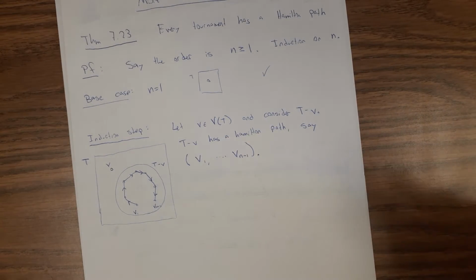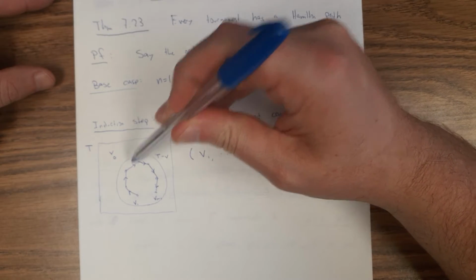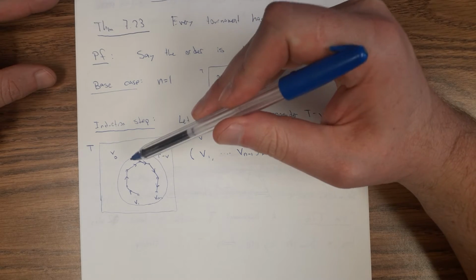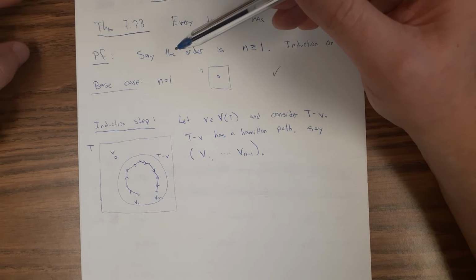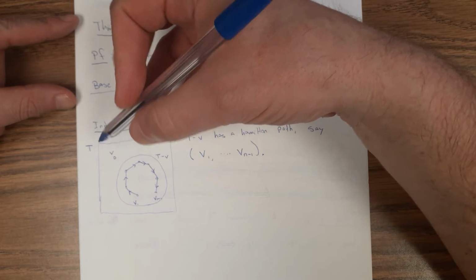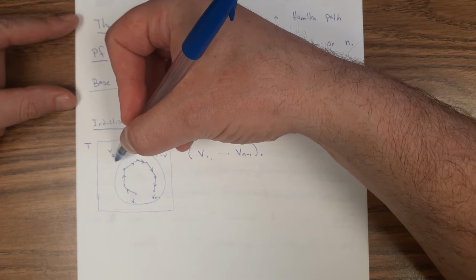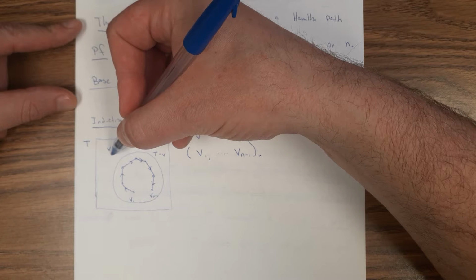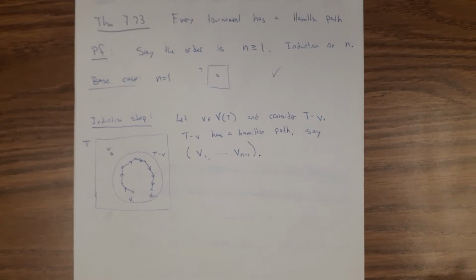What makes this slightly more difficult or complicated than it could be is that we have to pay attention to the direction. What I can hope for is that there's some point in this path where I have an edge going towards V and then an edge from V going to the next one.